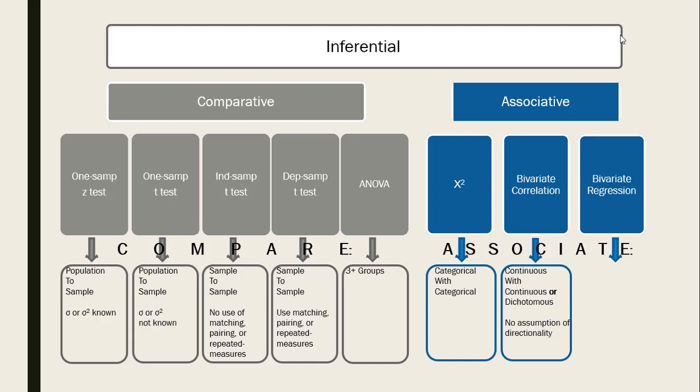And the distinguishing factor is whether there is some type of assumption of directionality, or has the individual stated that there should be a directional relationship? If not, we can just use a bivariate correlation and say, are these things correlated? Are these things associated? If there is a directionality, then we could use the bivariate regression to say, does A cause B? Is A predictive of B?